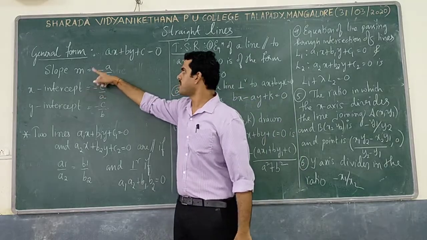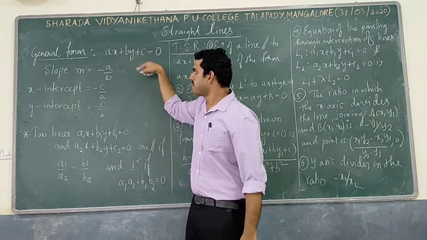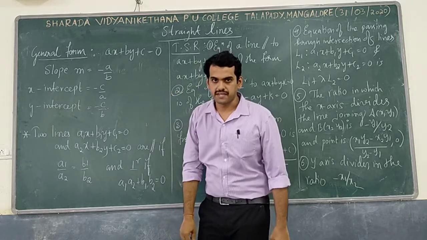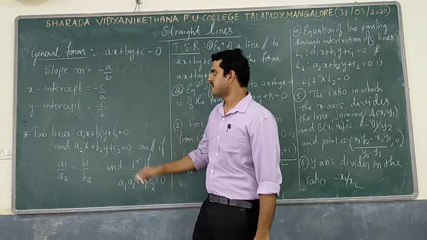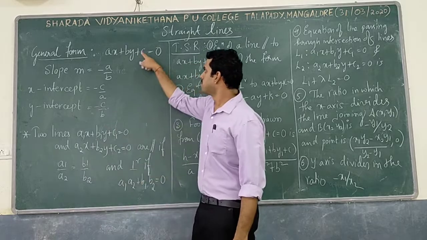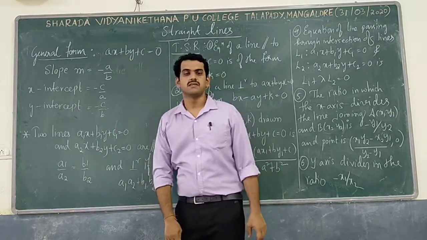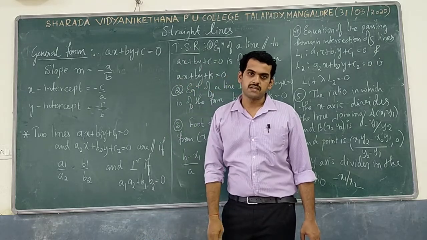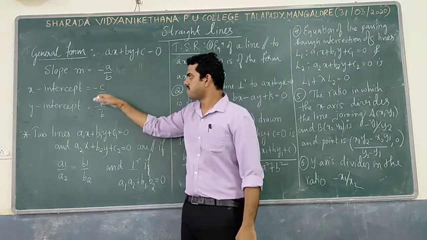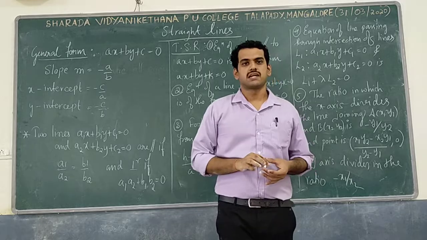Slope m is given by minus a divided by b. Minus a by b gives the slope of the line, and the x intercept is minus c divided by a, and the y intercept is minus c divided by b. This gives the basic information regarding the straight line.